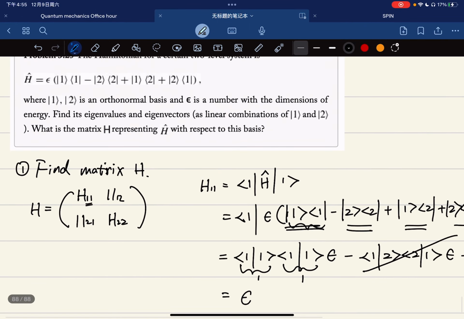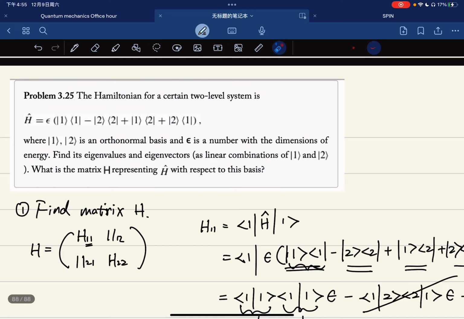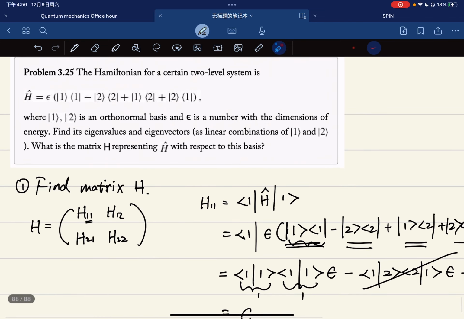If I apply the same idea to other terms like H12, H21, H22, I will find that for H12, the only thing that will give me the constant would be this one, because all the others would be 0, and you can try to do that, and you will find that the rest of the terms will just be 0.